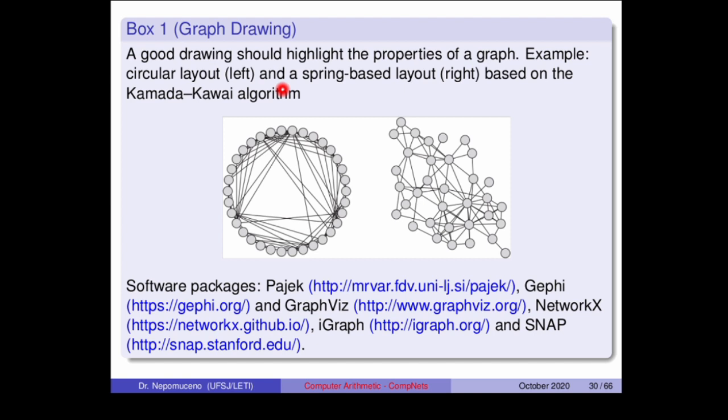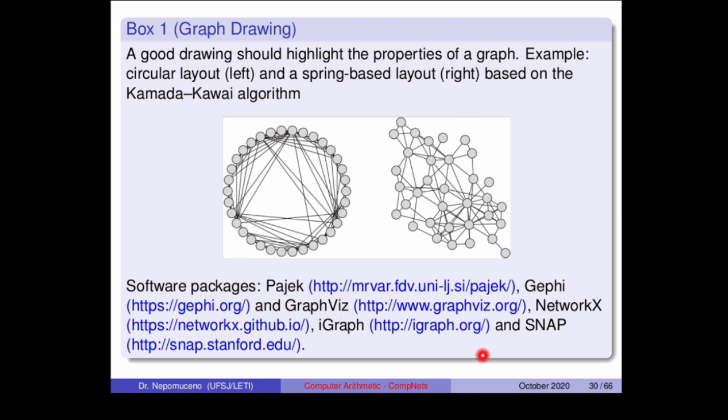Box 1. It's quite important to have useful tools to make some graph drawing. A good drawing should highlight parts of a graph. For example, a circular layout, this here, and a spring-based layout, this one here, based on the Kamada-Kawai algorithm.